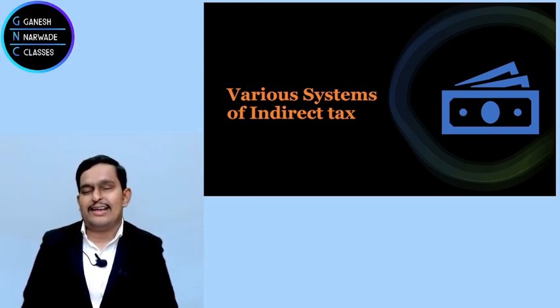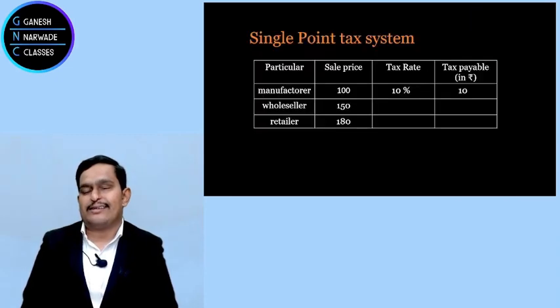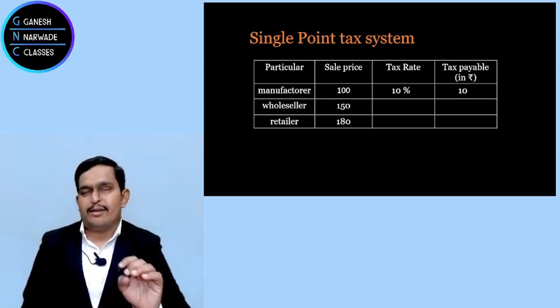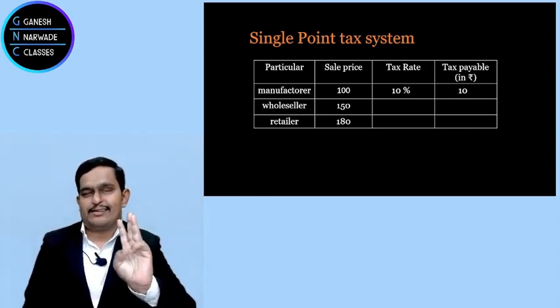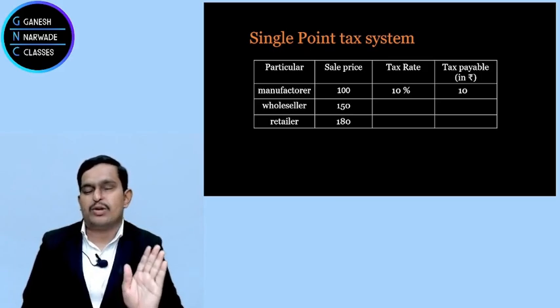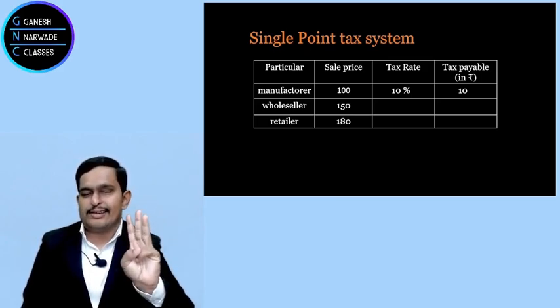So the first indirect tax system was the single point tax system. Let's remember that there are three stages; to keep it as simple as possible, I am taking only three stages.